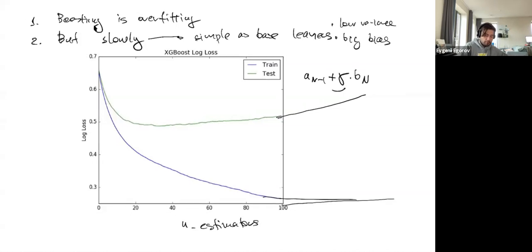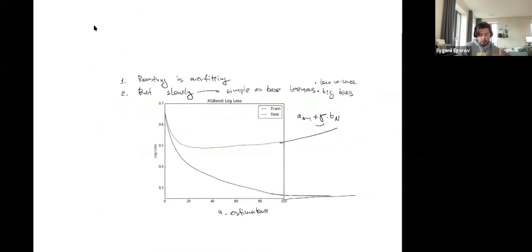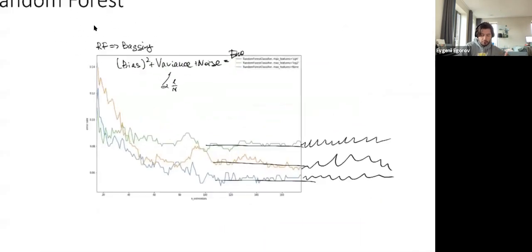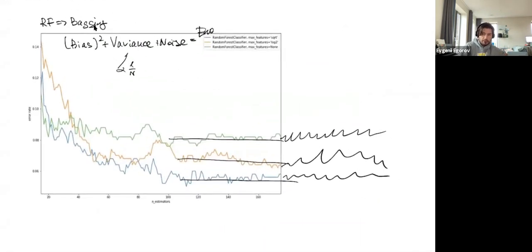But what is the takeaway message from here? With bagging, from the beginning you have no problems with overfitting. You will never overfit, but you will just reach some non-decreasing error, which you can obtain on training or on the test data set, and you can do nothing about it.